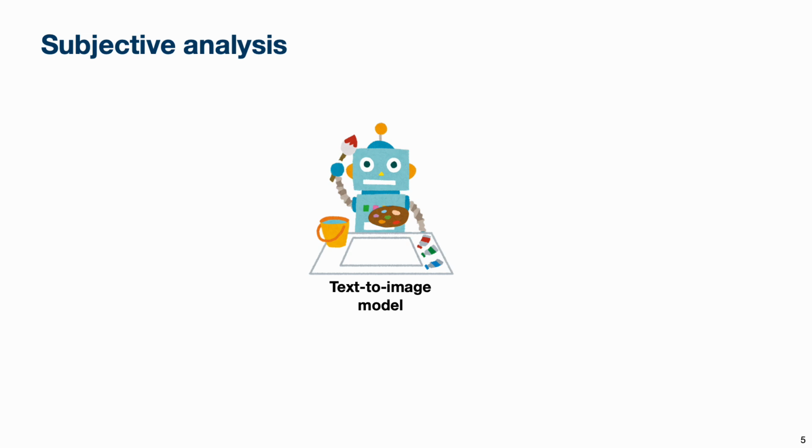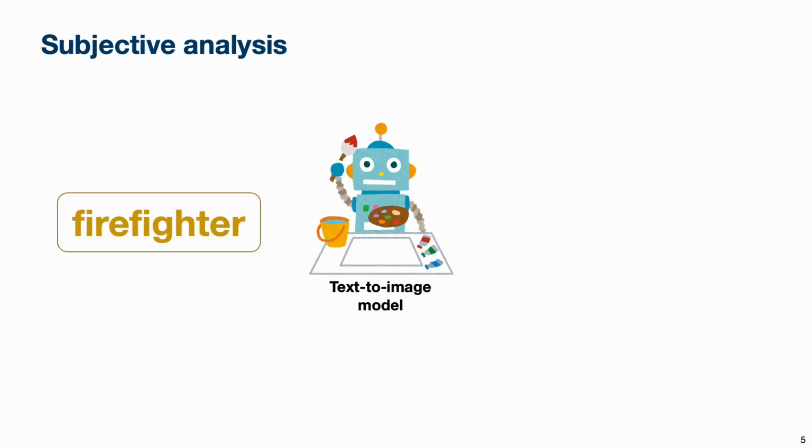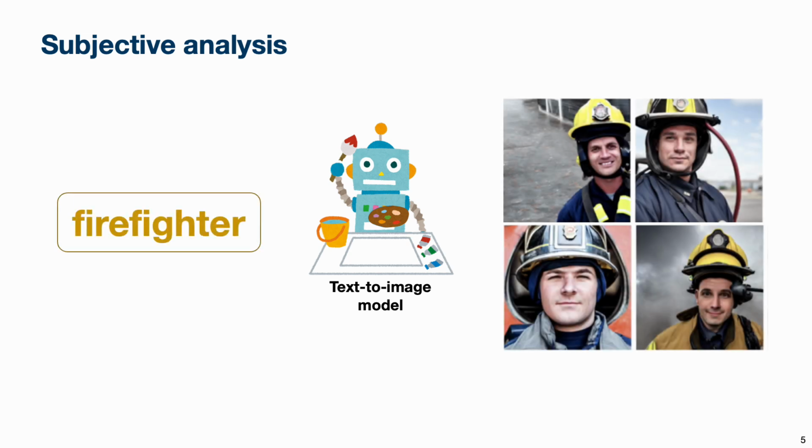So one example of a task where subjective analysis is predominantly used is demographic biases in generative models. So here we can ask a text-image model, give me a picture of a firefighter, and then we can observe, okay, these firefighters are all white male, and you don't have to be a white man to be a firefighter.